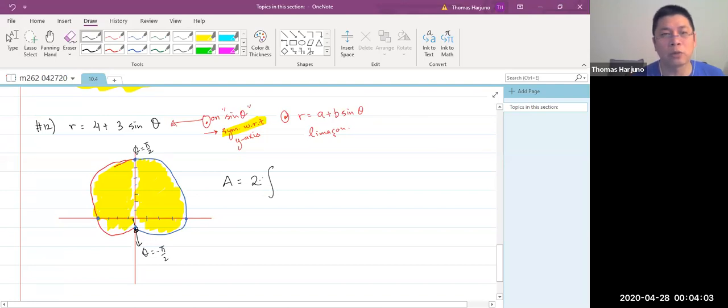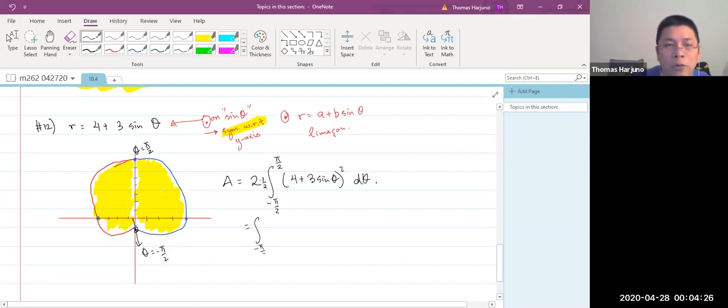So that would be 2 times 1/2 times the integral from negative pi over 2 to pi over 2 of (4 plus 3 sine theta) squared, which will be, the 2 and 1/2 cancel, the integral from negative pi over 2 to pi over 2 of 16 plus 24 sine theta plus 9 sine squared theta d theta.